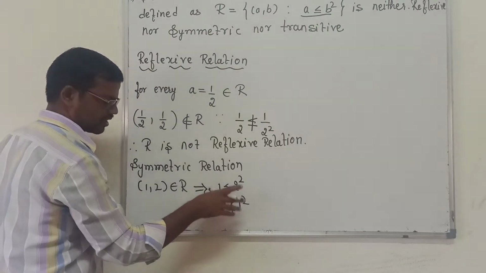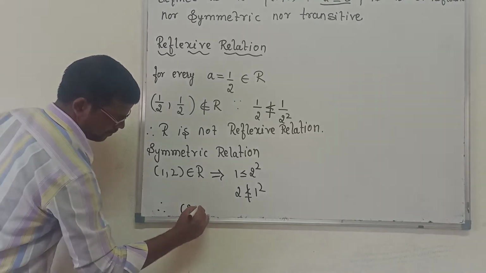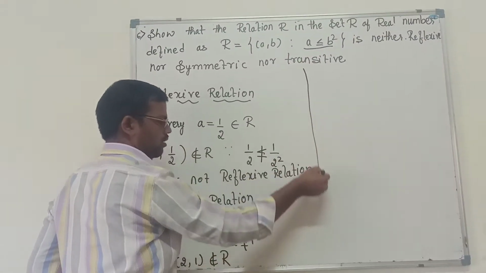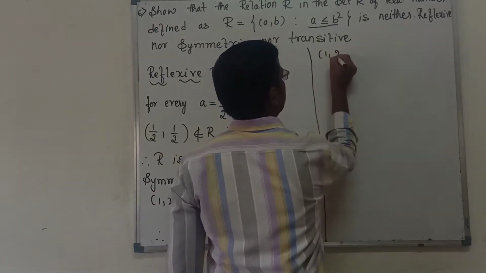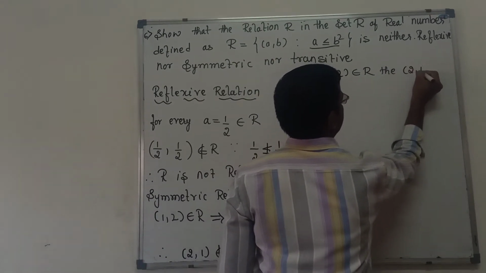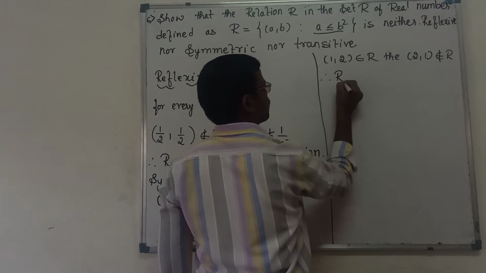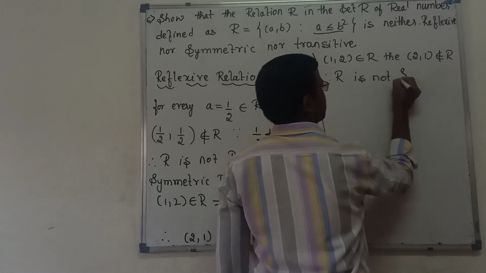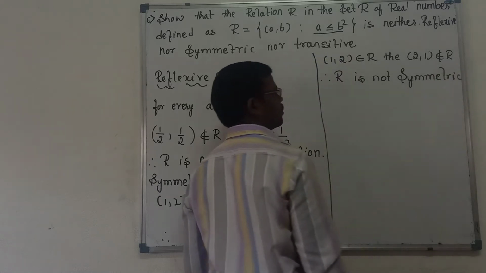Therefore (2, 1) does not belong to R. So if (1, 2) belongs to R, then we got (2, 1) does not belong to R. Therefore R is not symmetric. So we have discussed two of these.